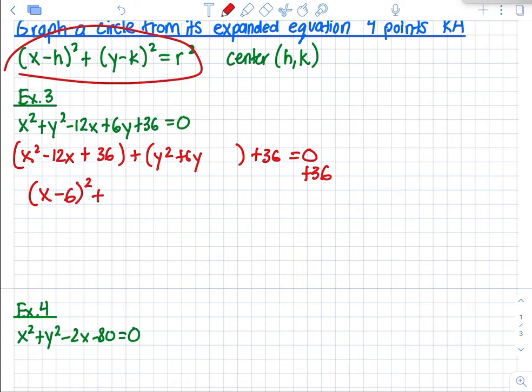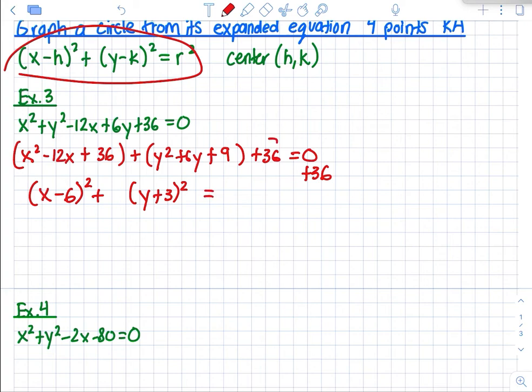Plus, now let's go to our y variable. Half of 6y, half of 6 is 3. 3 to the second power, which is 3 times 3, is 9. So this is going to be y plus 3 squared equals.